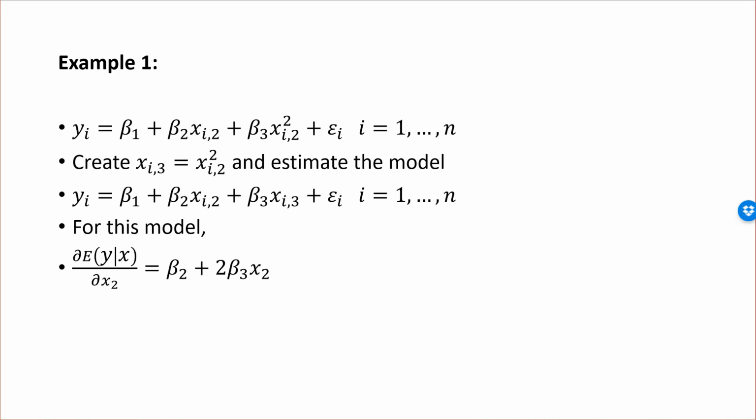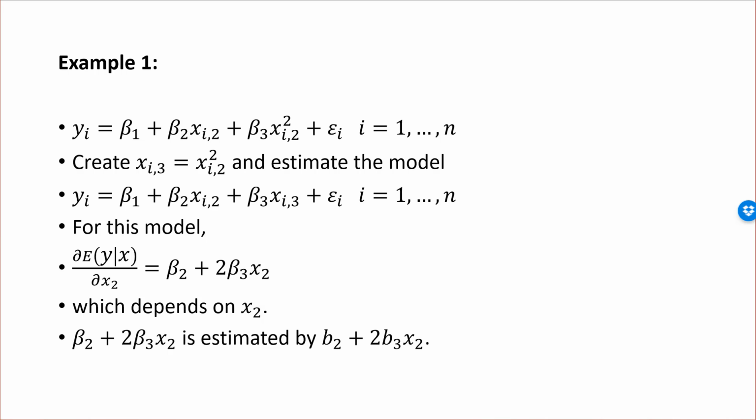We just get that from differentiating the first expression and by removing the error term. And we note that this is actually a function of x2 now. It depends on the value of x2. We estimate the marginal effect by replacing beta 2 with b2.